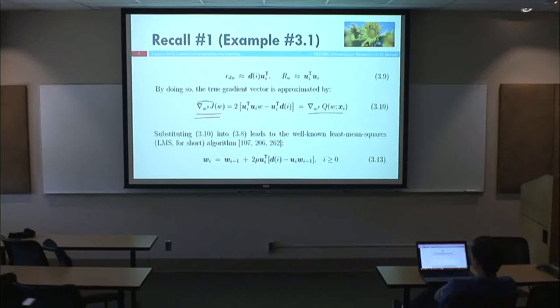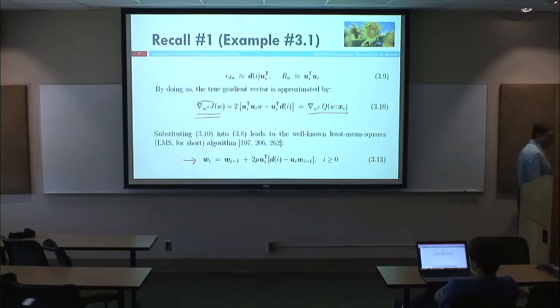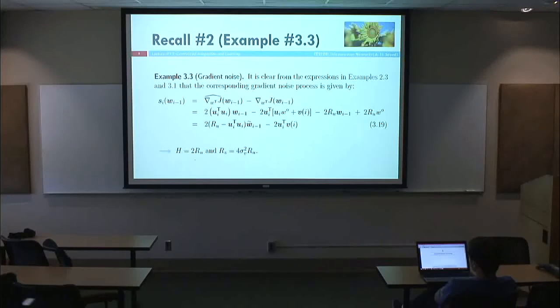You simply differentiate the loss function and you end up with the LMS algorithm. This is just a quick reminder. Now if I apply the performance expressions to this particular algorithm, we know what the gradient noise is, which is the difference between the approximate gradient and the true gradient. We saw last time that this is the expression for the gradient noise in this case.